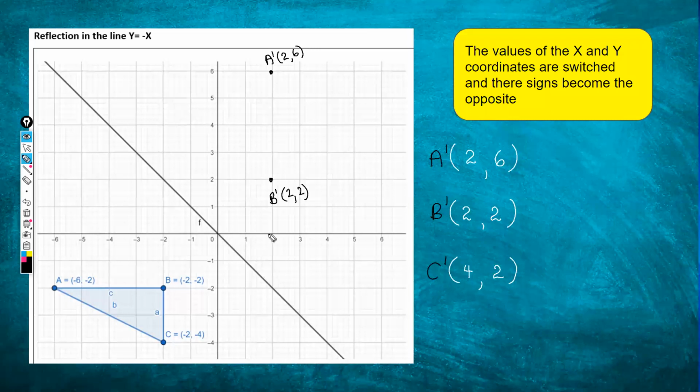C prime, 4, 2. And of course, if I connect that up, I'm bound to get what? A triangle. That's the reflection of ABC in the line y is equal to minus x.